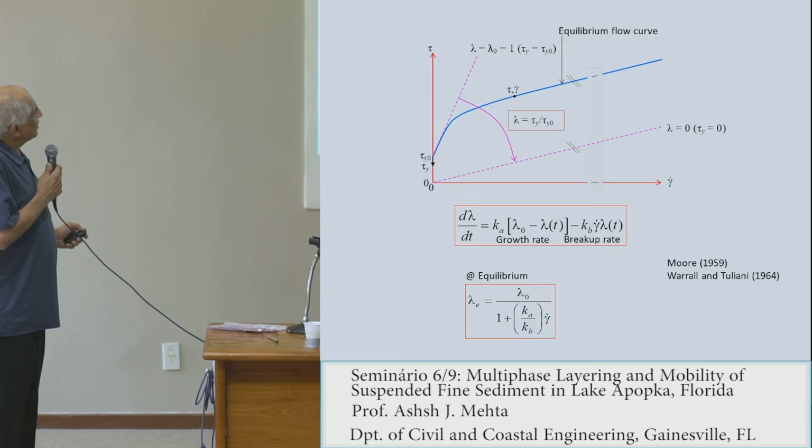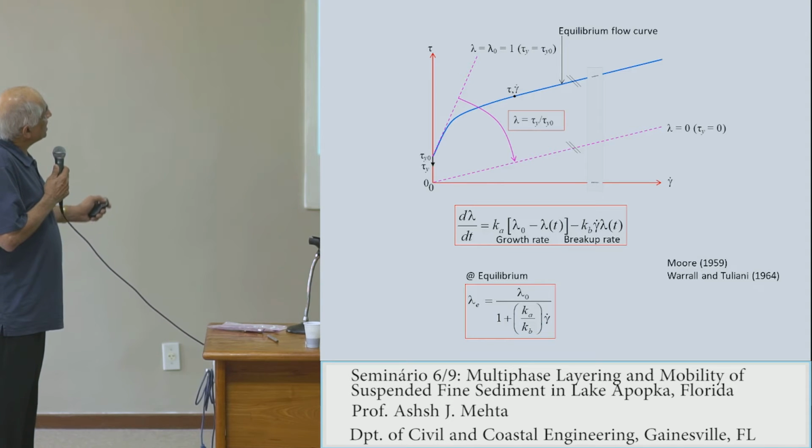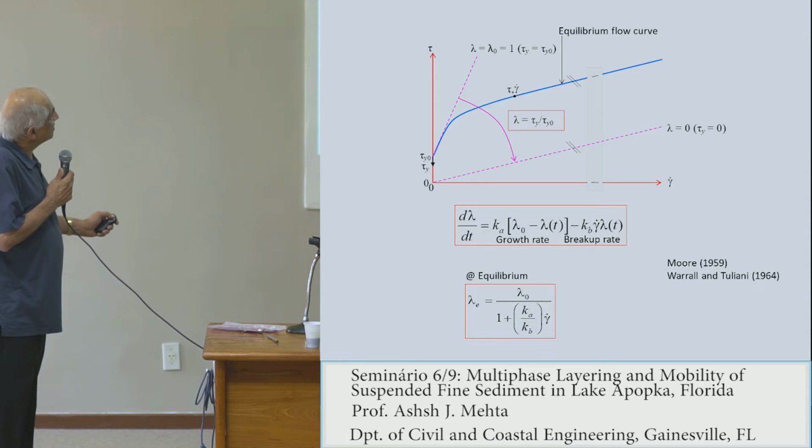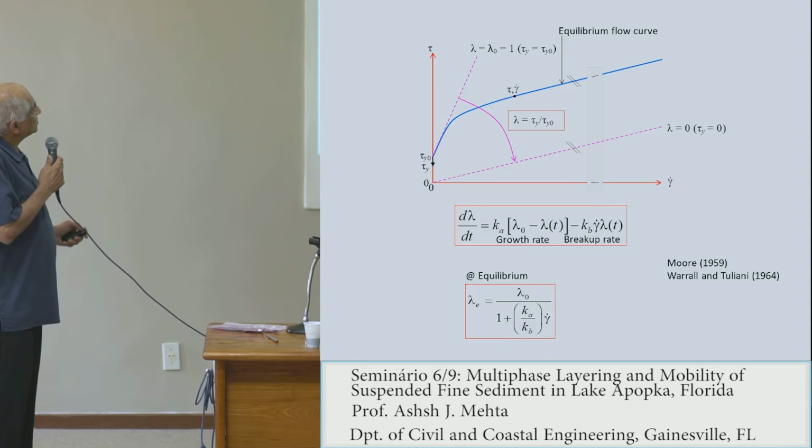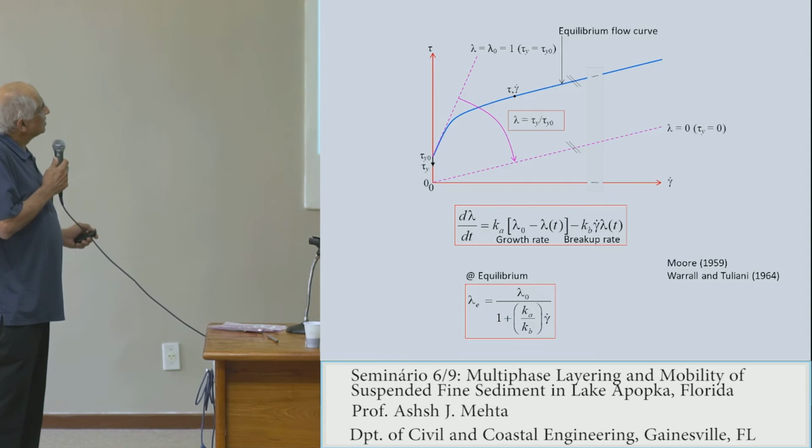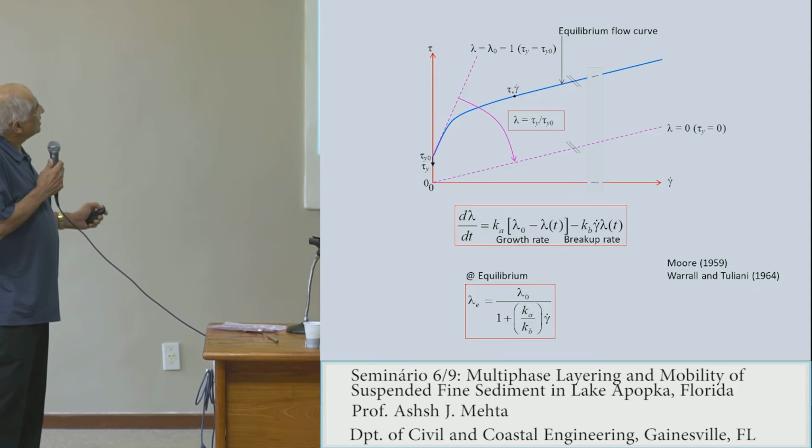That could be anywhere, but if you are on this curve, then you have what is called an equilibrium condition, and for that you set this equal to 0, and you get the equilibrium value lambda sub e. You can see that lambda sub e is a function of gamma dot. So as gamma dot increases, lambda sub e decreases to some final value.